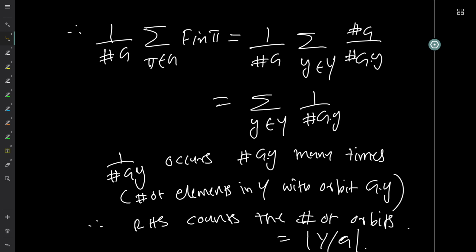So therefore, this is actually counting the number of orbits. The contribution of each orbit is exactly 1. So it counts the number of orbits in the action of G on Y. So that is what we wanted to prove, right? The cardinality of Y mod G is actually equal to 1 by cardinality of G summation fixed pi.